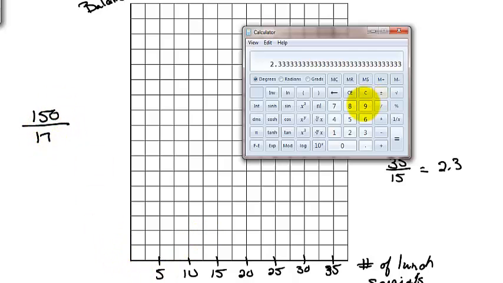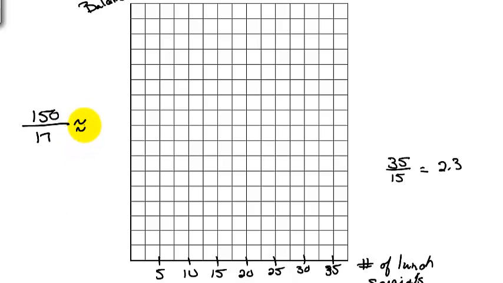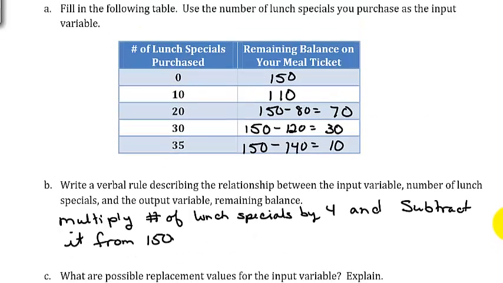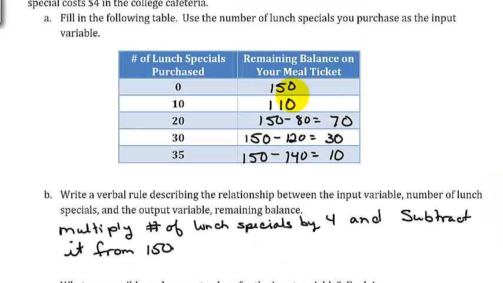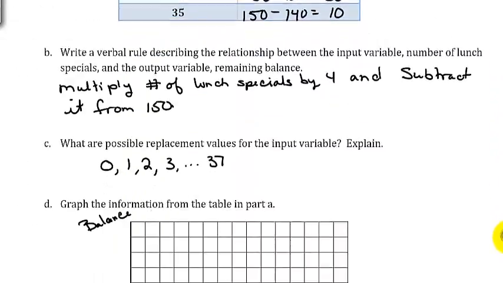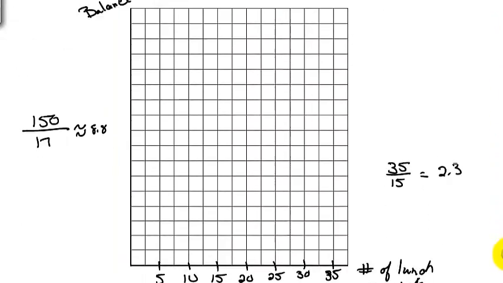And so when you do that division, you get 8.8. And our values over there going up by nice increments of 10 or so. So I'm going to use 10 for each tick mark.